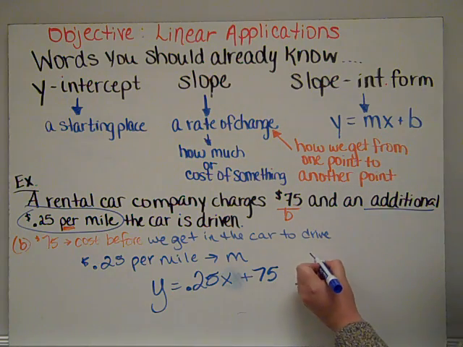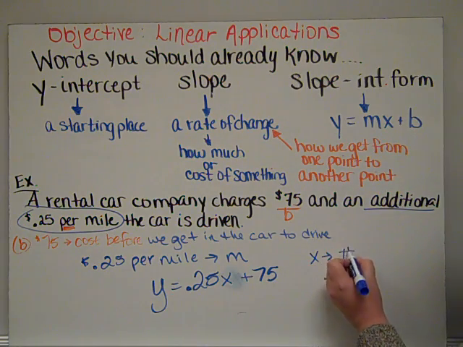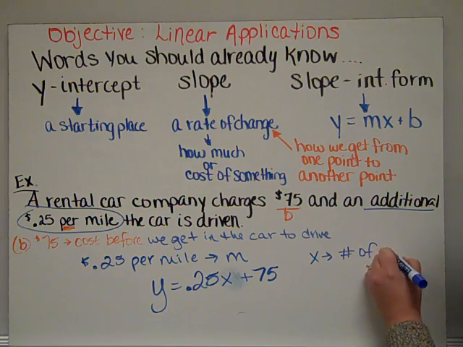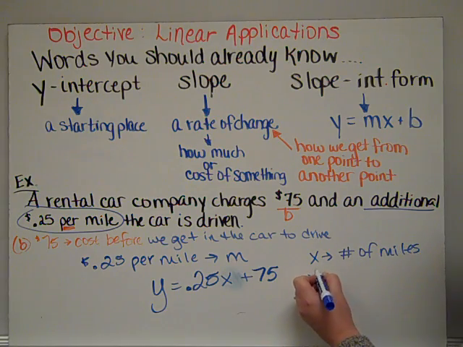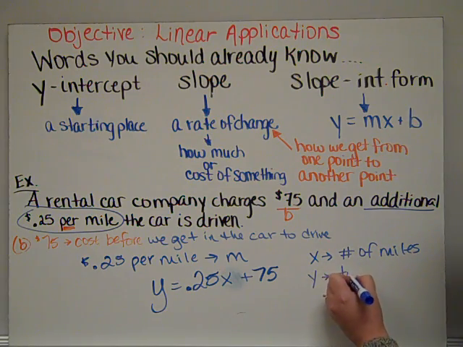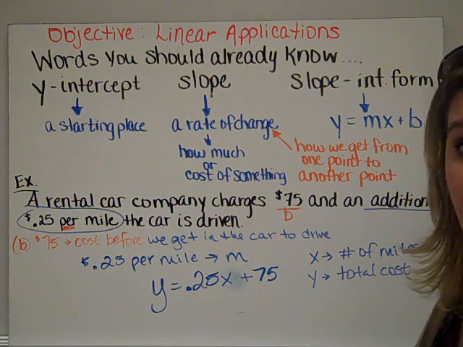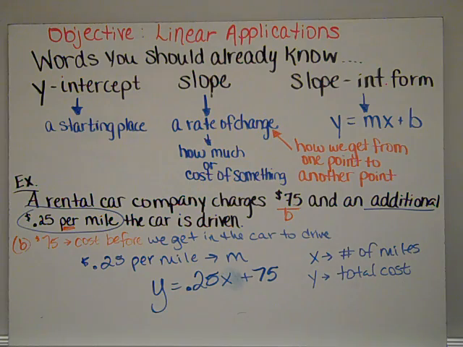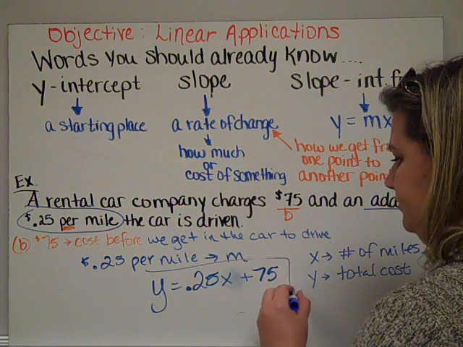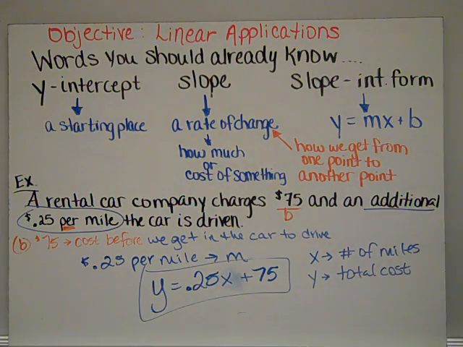Okay? So we know that x is representing the number of miles, and y is representing our total cost, or the total charge that the company would charge us. Okay?